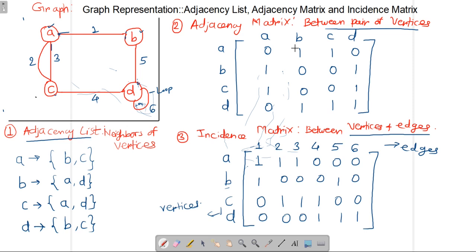From the columns we can check this. In the incidence matrix, column 2 and column 3 have identical entries. You can see column 2 is 1 0 1 0, and column 3 is also 1 0 1 0. So edges 2 and 3 are multiple edges.